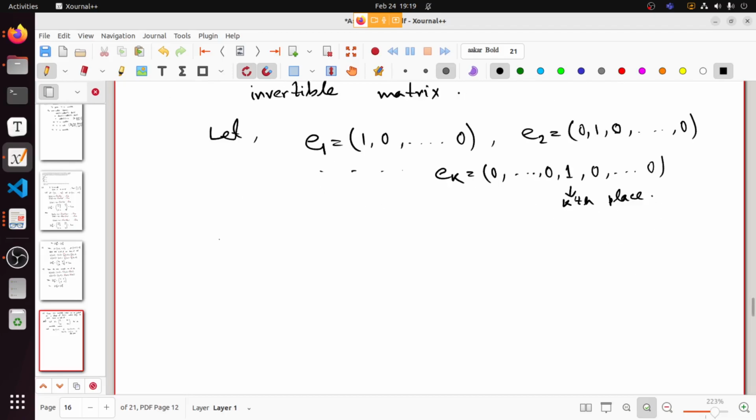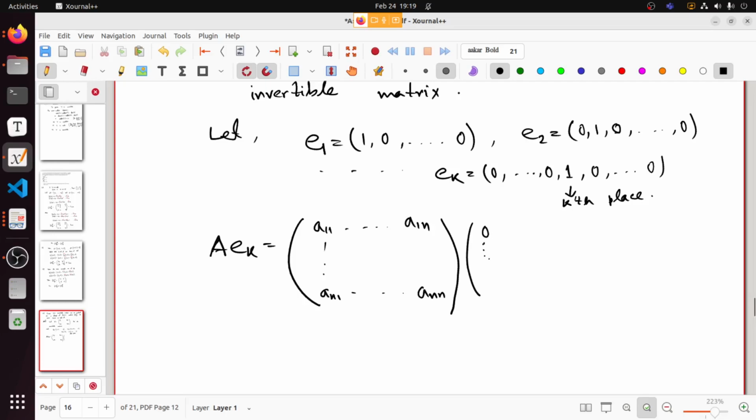Now apply A on ek. What will we get if we apply A over ek? This is the matrix A with entries A11 ... A1n ... An1 ... Ann, multiplied by ek, which you can view as an n-dimensional column vector 0 0 ... 0 1 0 ... 0.